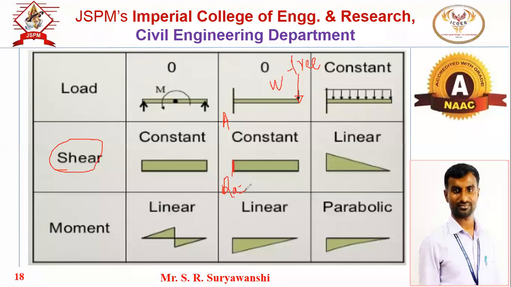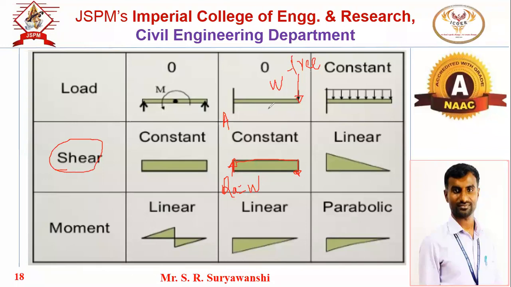W. Yes, summation Fy equal to 0, then your RA will be W. This will be upward and constant throughout the length of the beam and downward at free end, so this is the rectangle. Then for bending moment, the nature of BMD for a cantilever beam subjected to point load at free end will be a triangle.